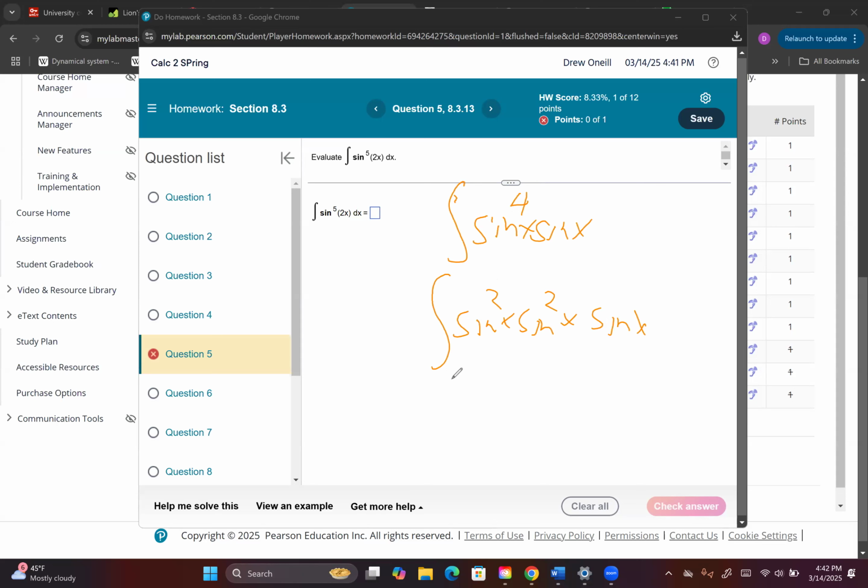And then what we want to do is say, well, sine squared is this. And sine squared is this. Why? Because if we say cos of x is u, then sine is the du, right? So what we really have is 1 minus u squared.